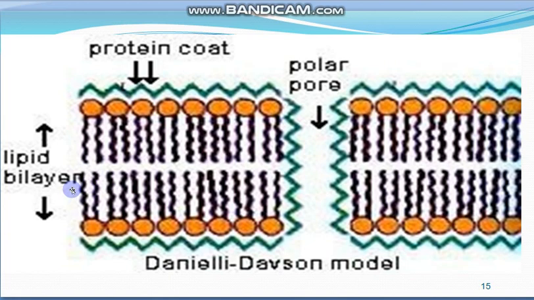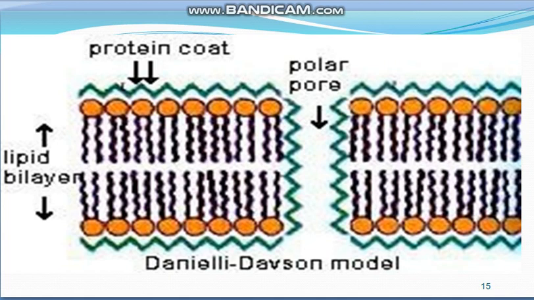And these two lipid layers are sandwiched between two layers of proteins. This is the protein coat on the external side of the cell membrane, and this is the protein coat on the internal side of the cell membrane. So according to the Danielli-Davson model, the plasma membrane has three layers.